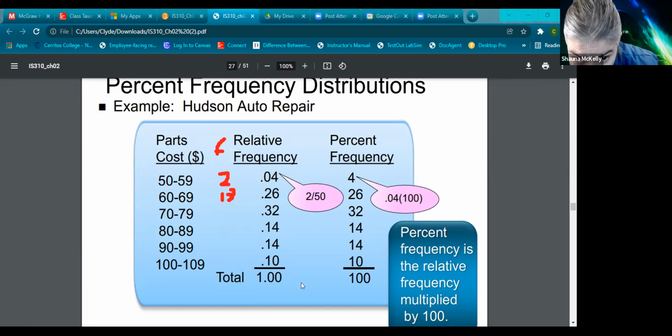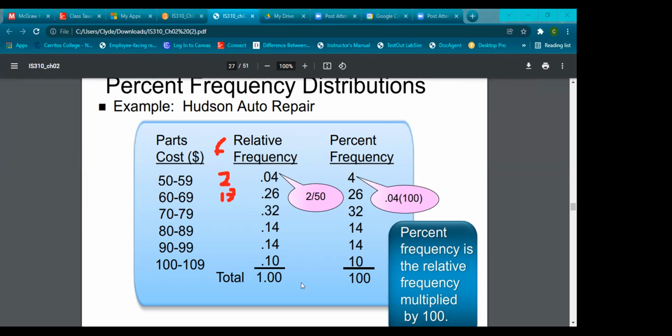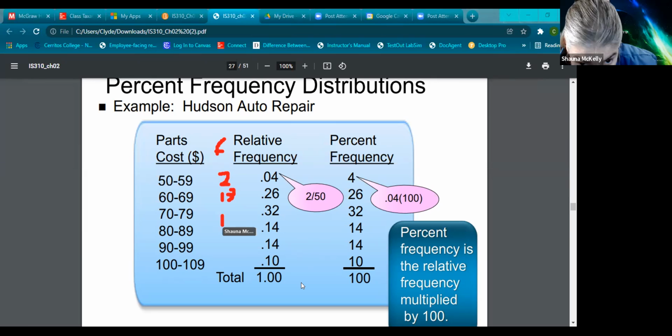If this is 32, this is going to be 16. There were 16 values in here. Now, I'm doing it by sort of doing the math backwards. What she did was she counted. She tallied these.